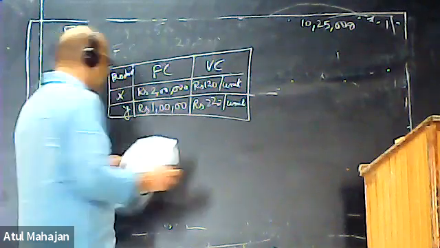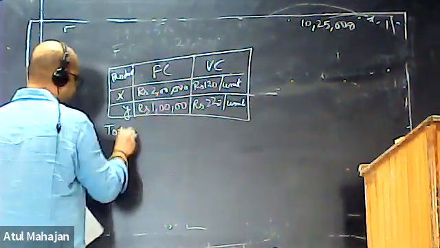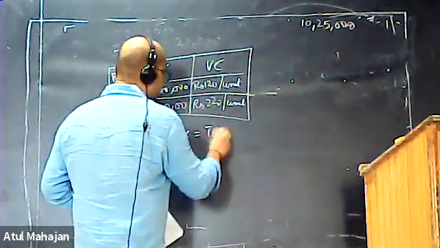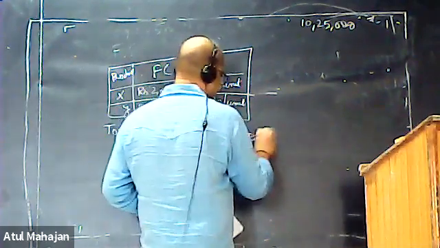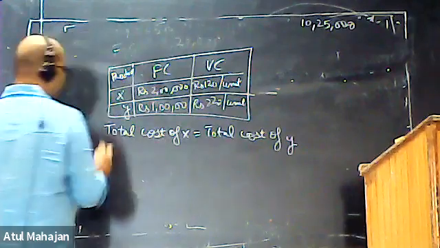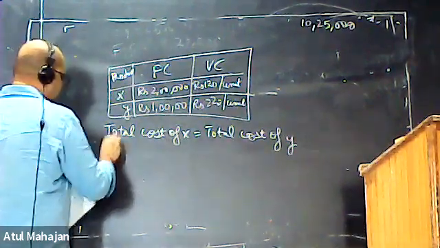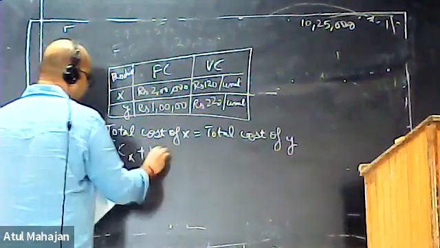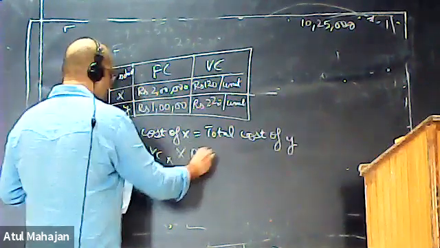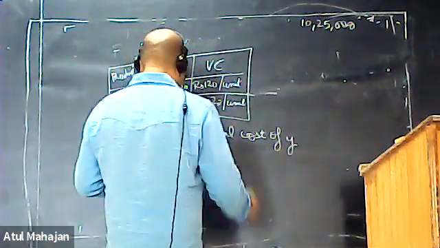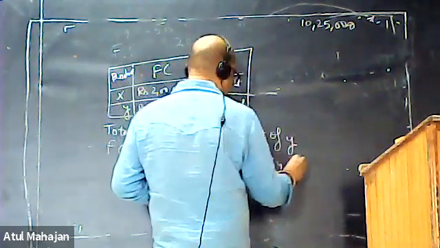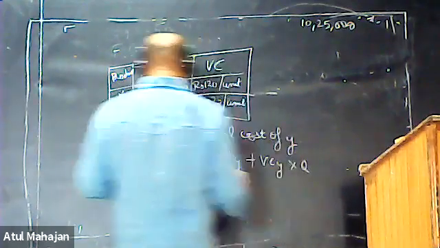That means the total cost of X is equal to the total cost of Y. Total cost of X is equal to fixed cost of X plus the variable cost of X into Q, where Q is the break-even point. Similarly, the fixed cost for Y plus the variable cost for Y into Q.